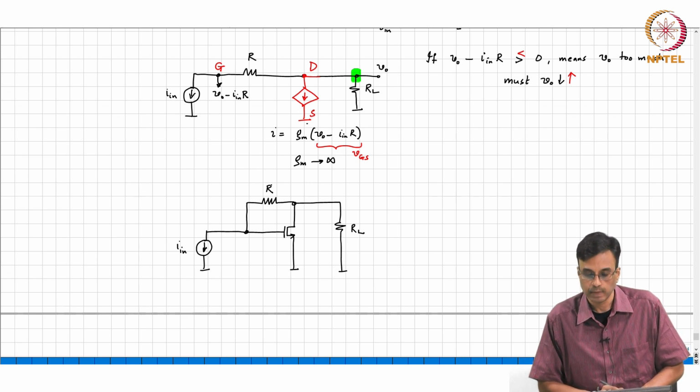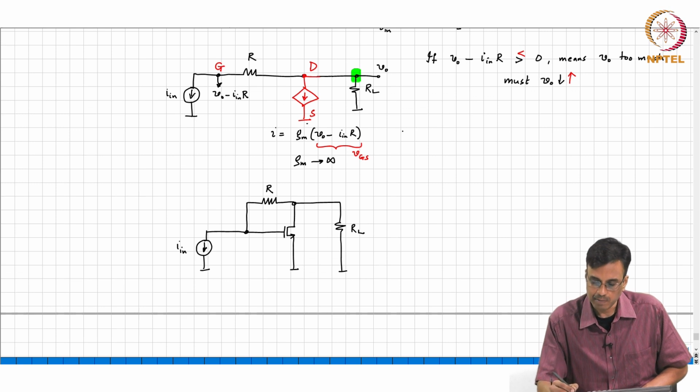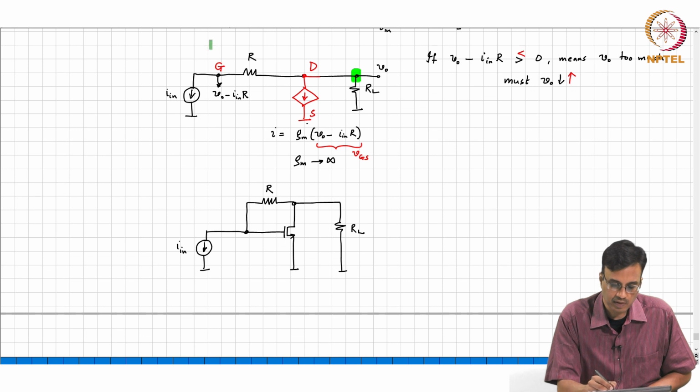Okay. So, what comment can we make about the output resistance? I mean, as Gm tends to infinity, what comment can you make about the input resistance?